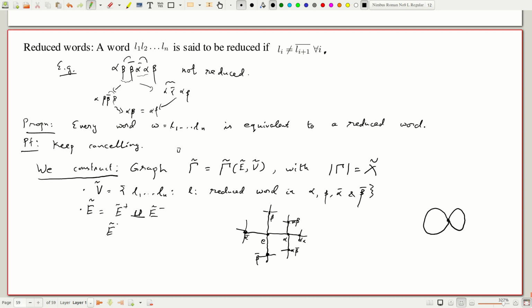E plus tilde, I'll write it in brief, is the set of pairs W and W lambda, where lambda is a single letter, with the key condition that W and W lambda are both reduced.